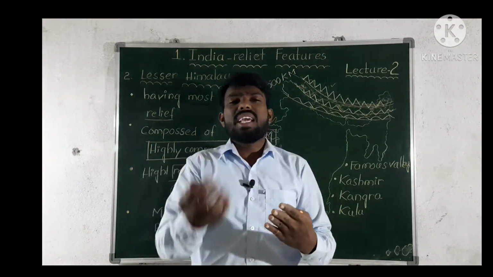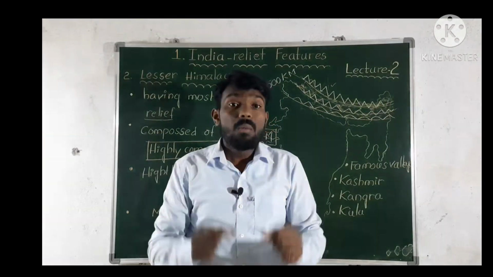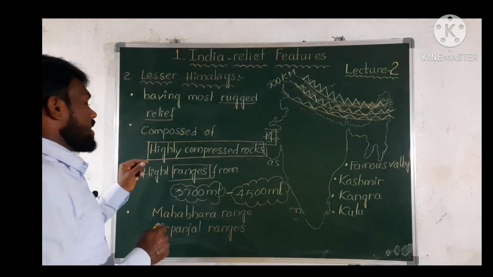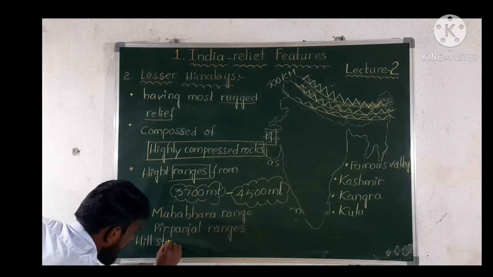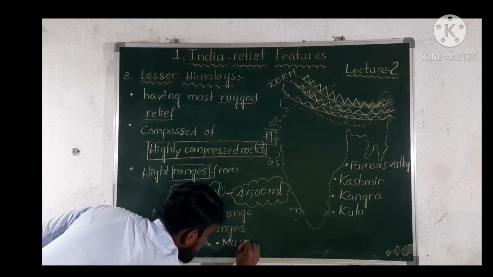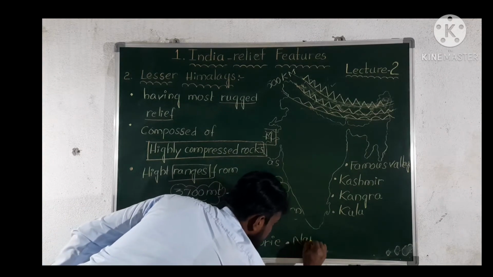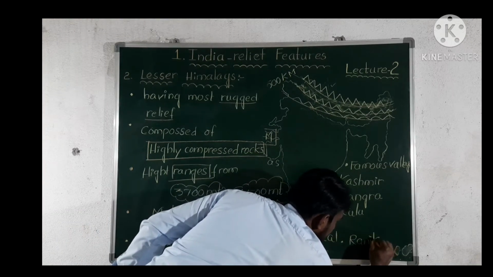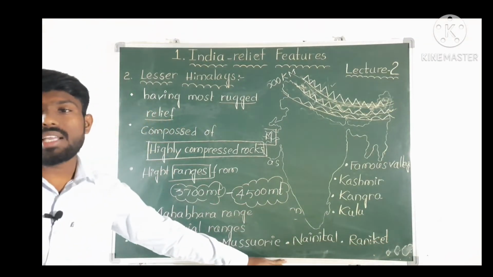The hill stations are Mussoorie, Nainital and Ranikhet. So all these are the hill stations.